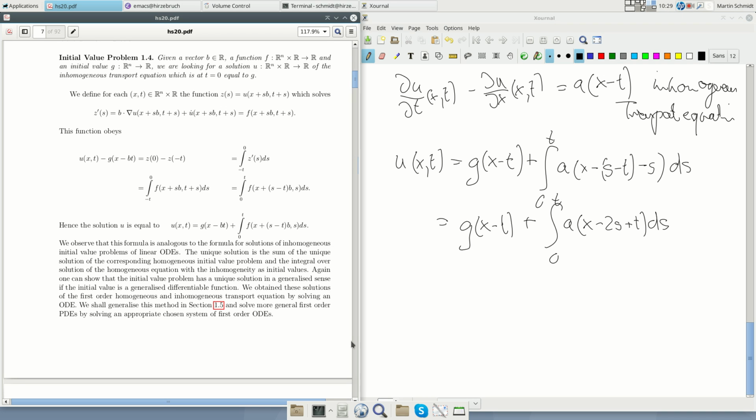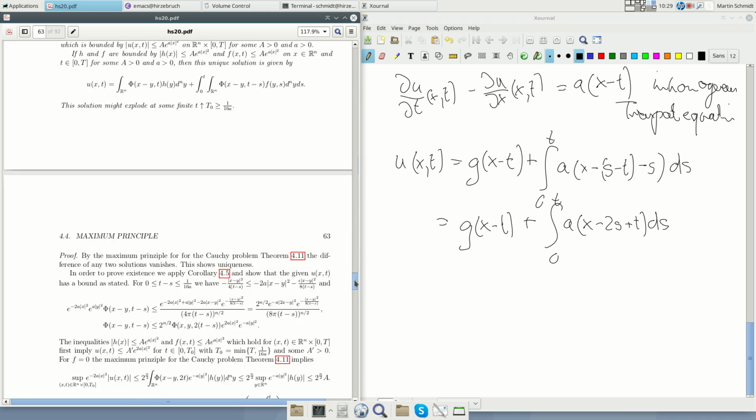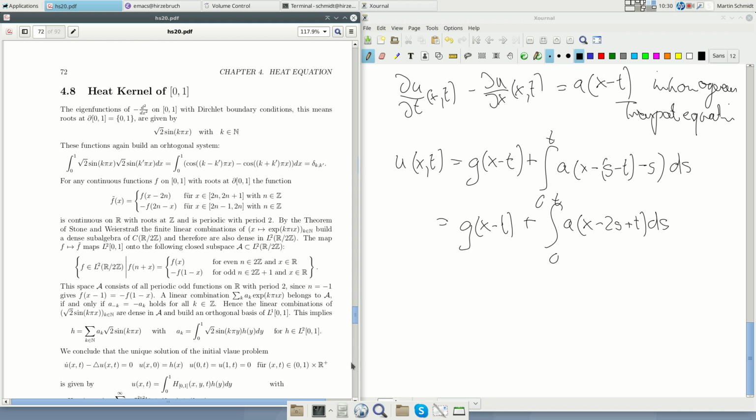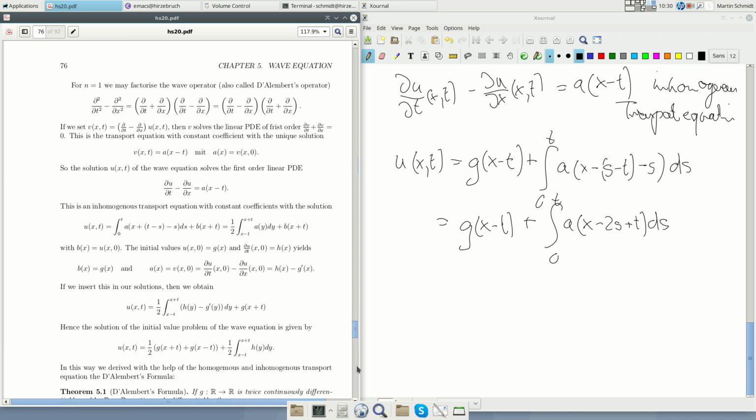Okay, and now let's return to our section, to the wave equation. So this is this integral here plus b, but b is of course just the same as g of x,t.